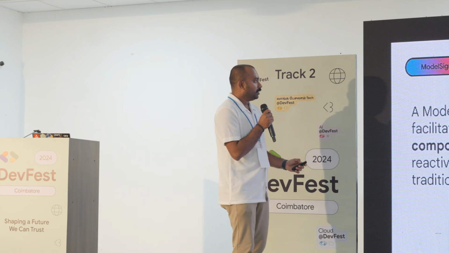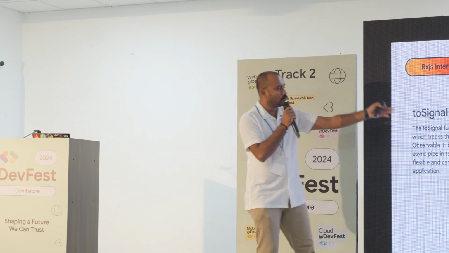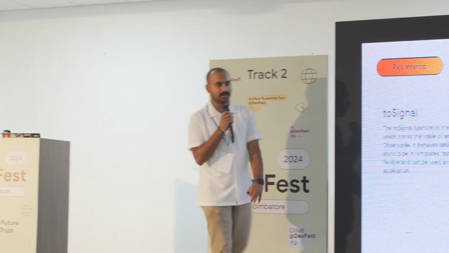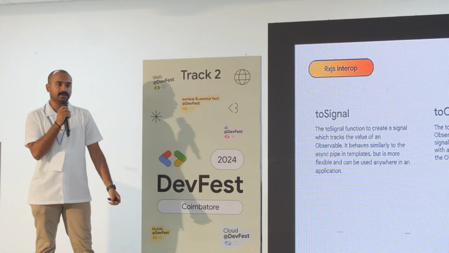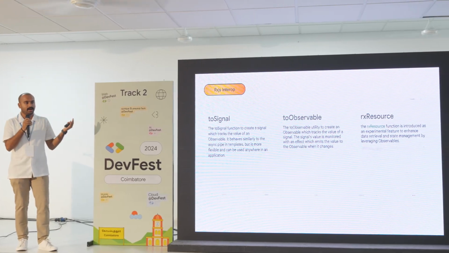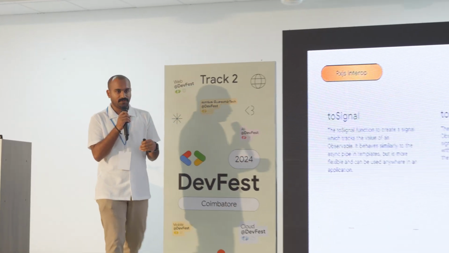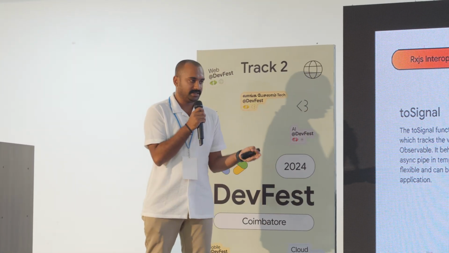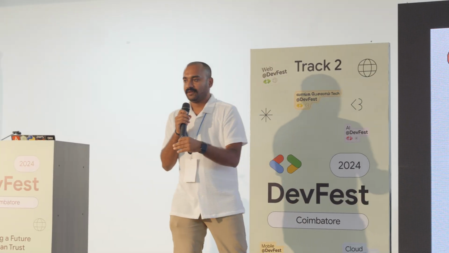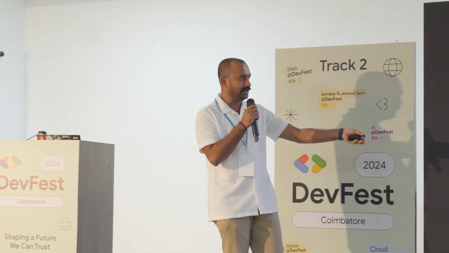Next one is, okay, sorry, I didn't explain this: toSignal, toObservable, and rxResource. toSignal means we need signals to be used in our application, but as of now we are all dependent on RxJS operators. So if we have observables, how can we convert them to signals? We can use toSignal to convert them.